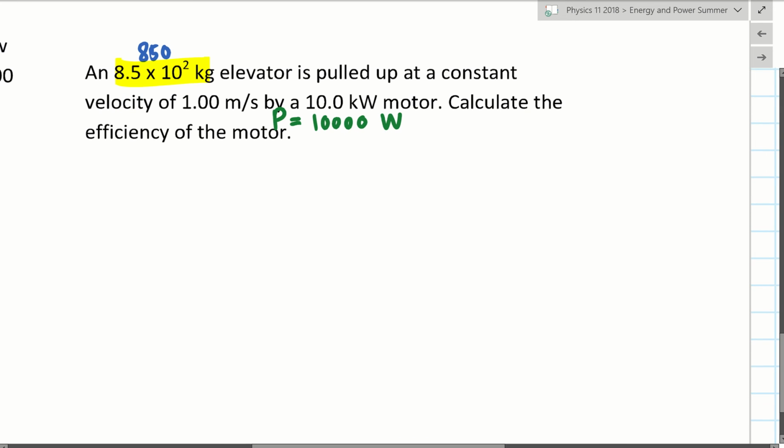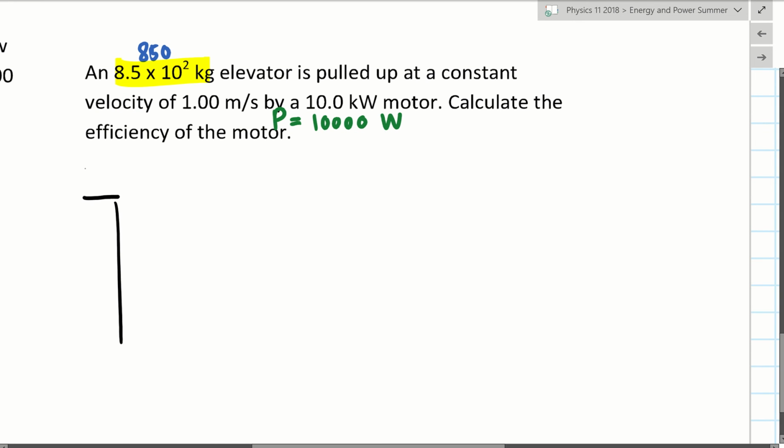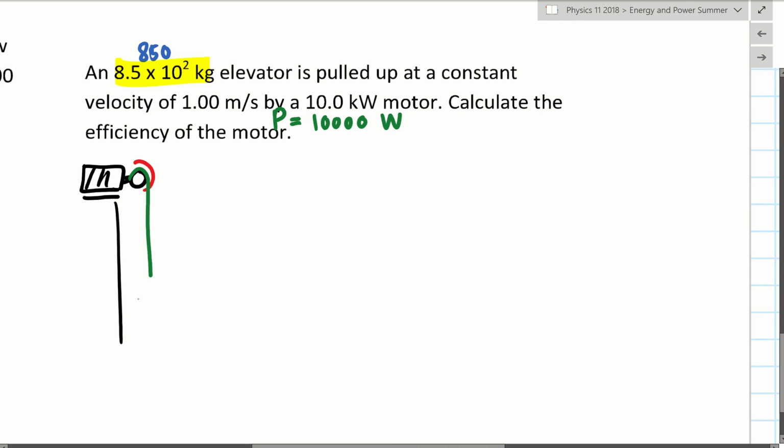Now what's happening here is there is an electrical motor. The motor is spinning and there is a thread attached to it so that it can lift up a mass, which is like a box. It's an elevator. So this is the 850 kilogram elevator being pulled up by the spinning of the motor.